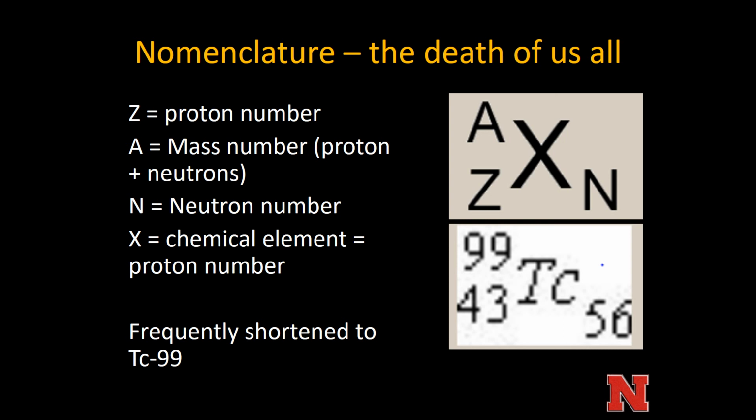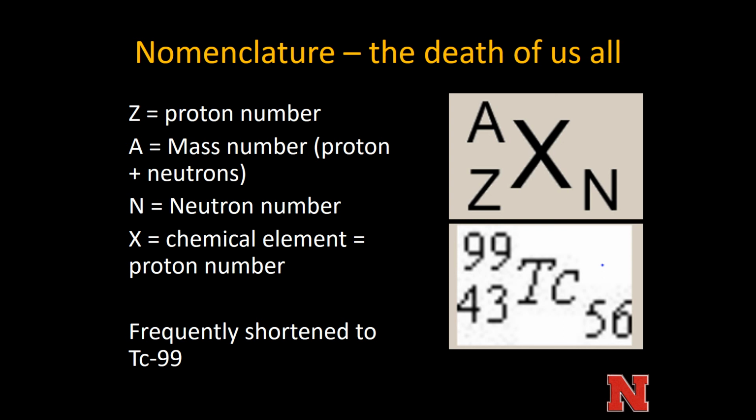X is just the chemical element, and the chemical element, if you go back to the 8th grade science class that you always knew you'd need someday, is derived from the proton number. So if you know the element, technetium, then you know the proton number, or Z. So technetium by default has a proton number of 43.